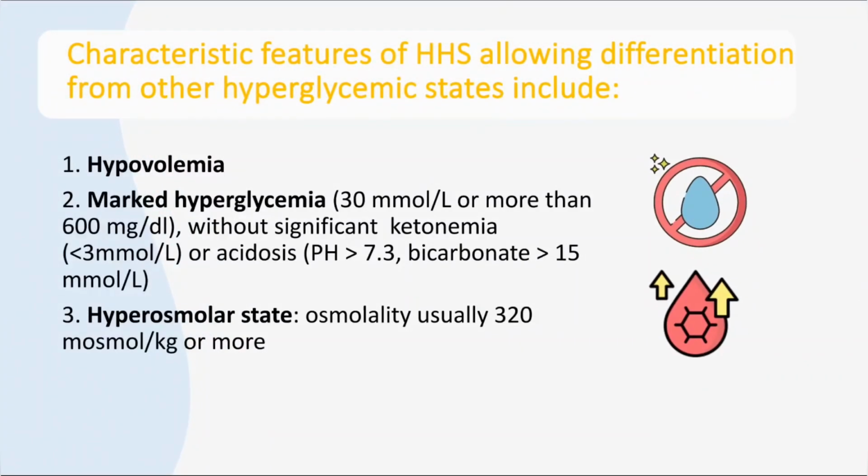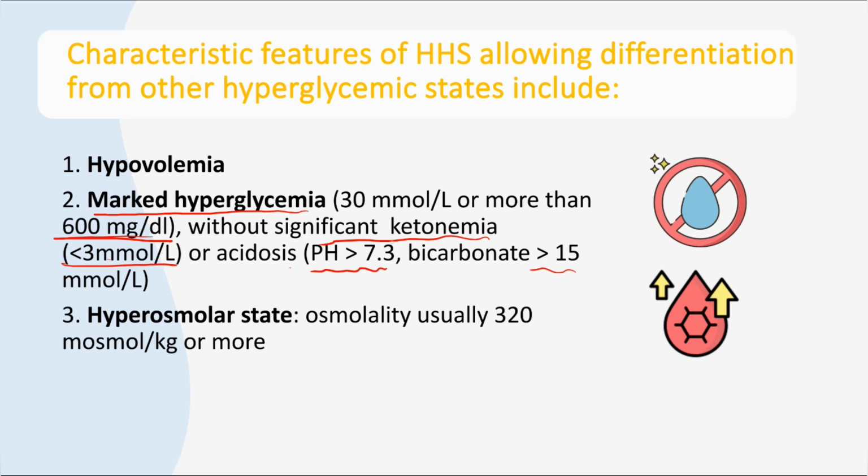So the characteristic of HHS allowing differentiation from other hyperglycemic states is that there is a marked hyperglycemia, usually more than 600 milligram per deciliter. Usually the acidosis is mild, pH more than 7.3, bicarbonate more than 15, and ketonemia less than 3.